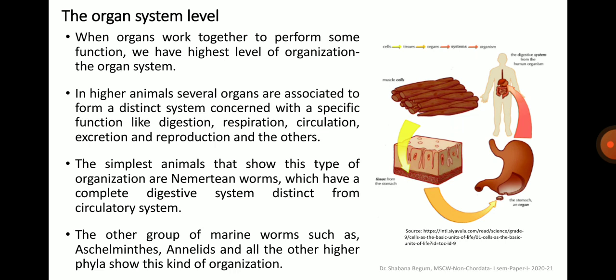The simplest animals that show this type of organization are Nemertean worms, which have a complete digestive system distinct from the circulatory system. The other groups of marine worms such as aschelminths, then annelids and all other higher phyla show this kind of organization.